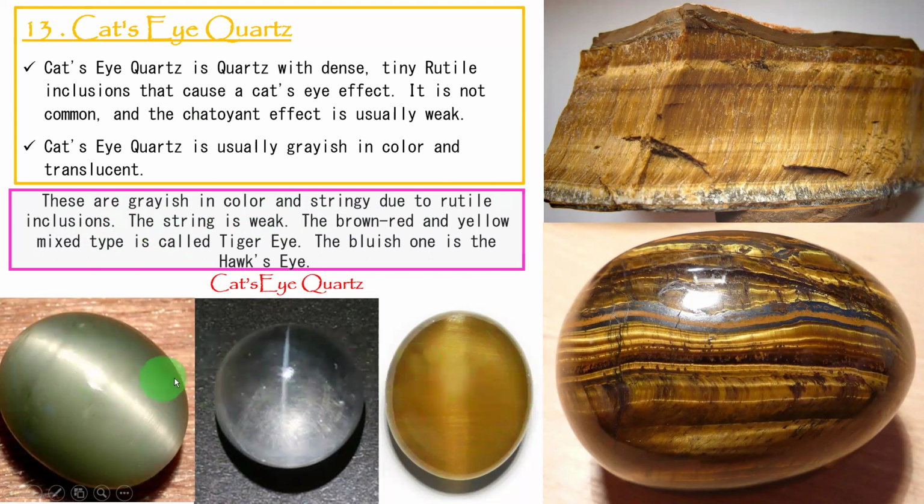Cat's eye quartz. The brown, red, and yellow mixed type is called tiger's eye. This is tiger's eye. The bluish one is hawk's eye. The other one, this yellow mixed type, is tiger's eye.